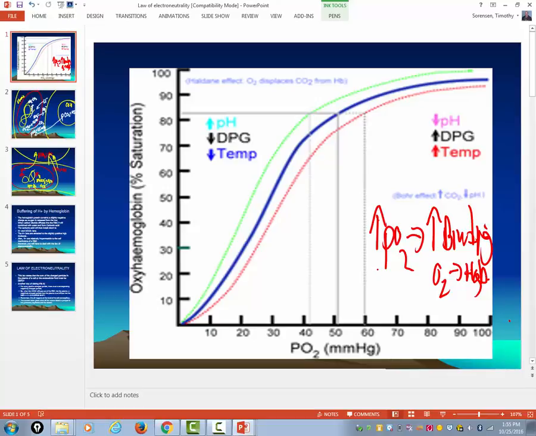We also learned that low PCO2 increases that binding. And where do you find low PCO2? You find low PCO2 in the lungs. You also find lower temperature in the lungs, and you find a higher pH in the lungs. All of those things will cause oxygen to bind to the iron on hemoglobin.